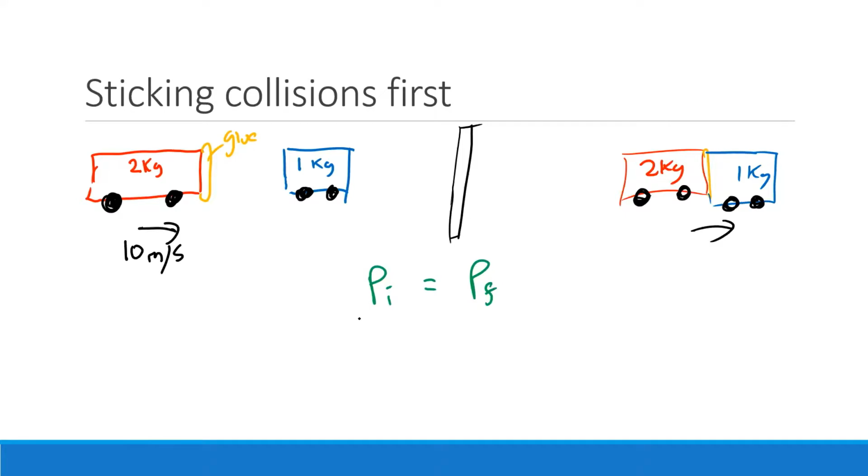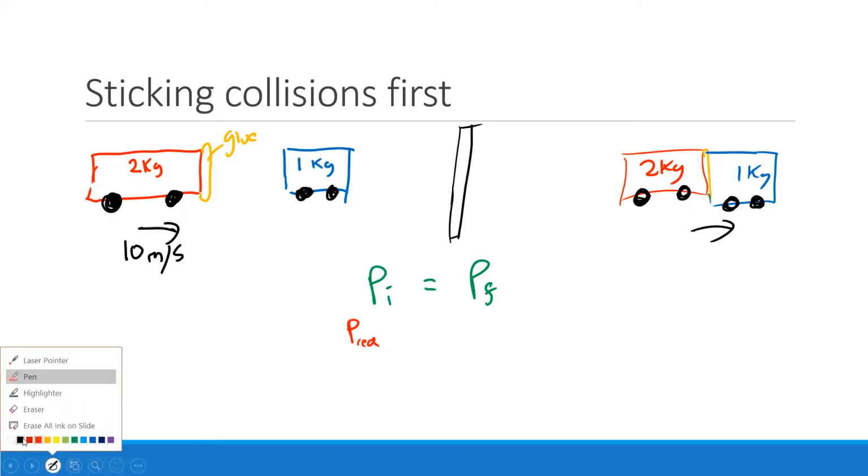Now the initial momentum at the start is going to be the momentum of the red car, plus the momentum of the blue one. Sorry, forgive me.